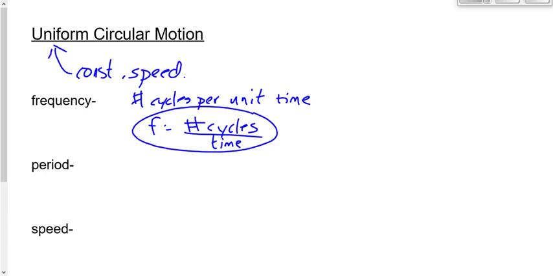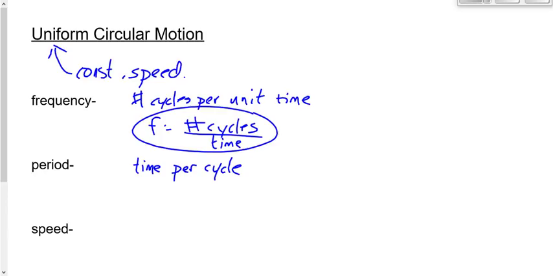Now, the period is not the number of cycles per unit time, but rather it's the time per cycle. How much time does it take, in this case, to go around a circle one time? The time per cycle. What's the symbol for period, do you remember?